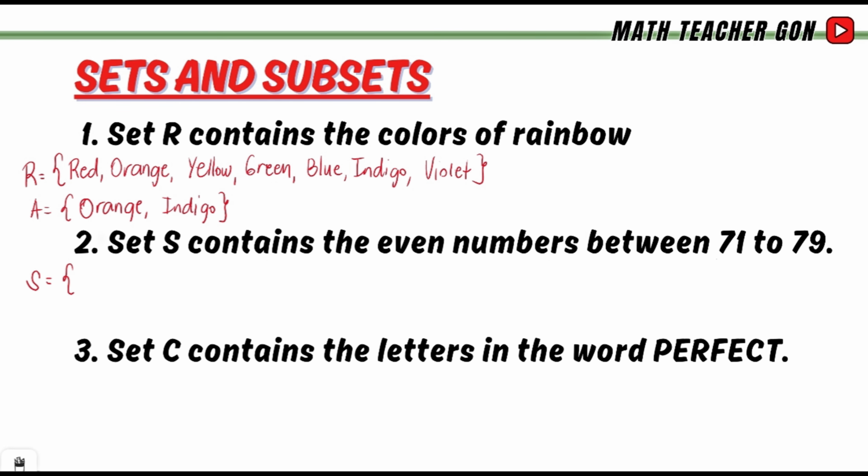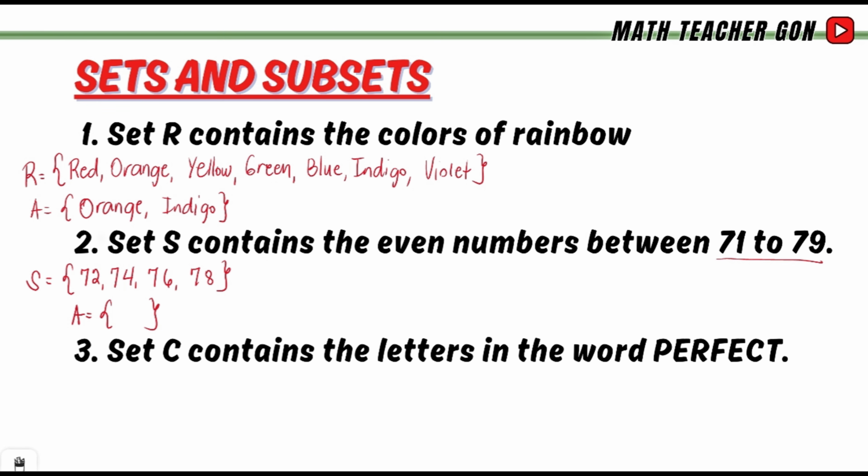What are the even numbers between 71 and 79? You have 72, 74, 76, 78. So you have four elements. Let's have letter A again for the subset. Let's just put the empty set. Set A is a subset of set S because all empty sets are subsets of any set.